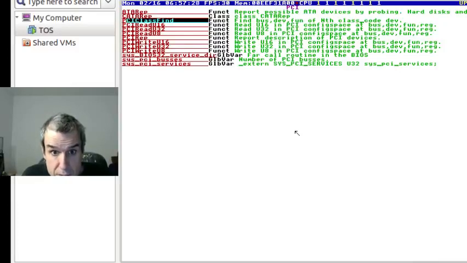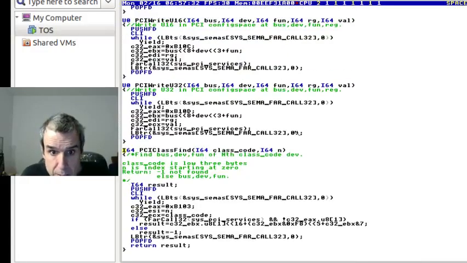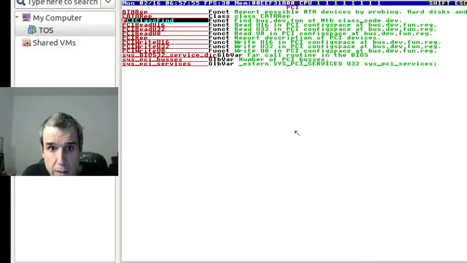We're trying to find the CD-ROM the correct way with this find PCI class. You have to know the codes. If you look on the internet for PCI class codes, then you can call this and it will identify a device class like SATA or ATA or IDE, and all three of those can be for ATA devices.